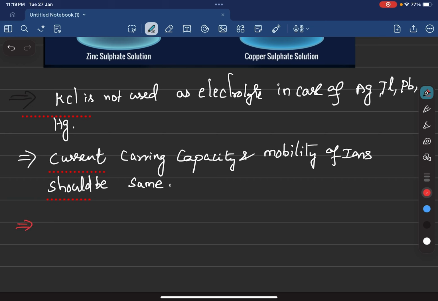And what are the main applications of the salt bridge? This is very important. What purpose do we use it for? It is used to maintain electrical neutrality.